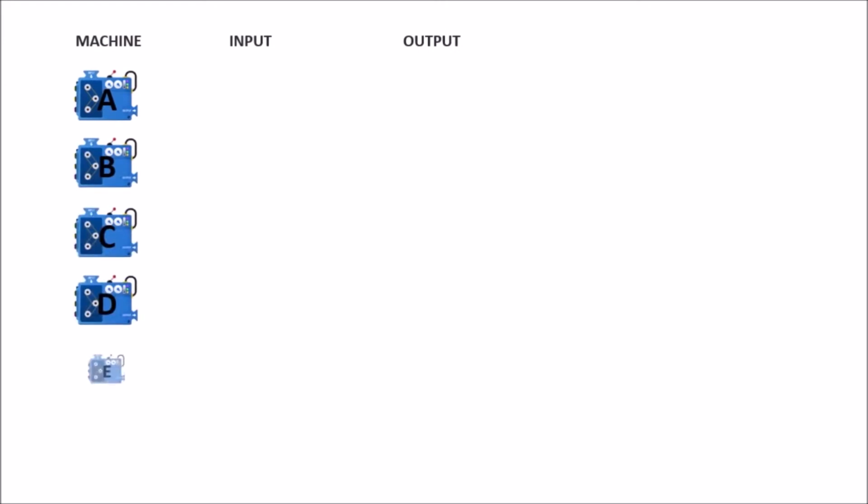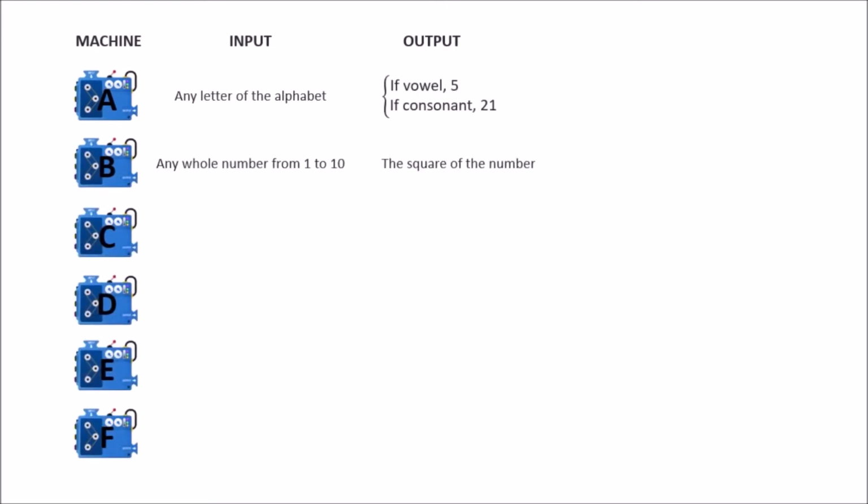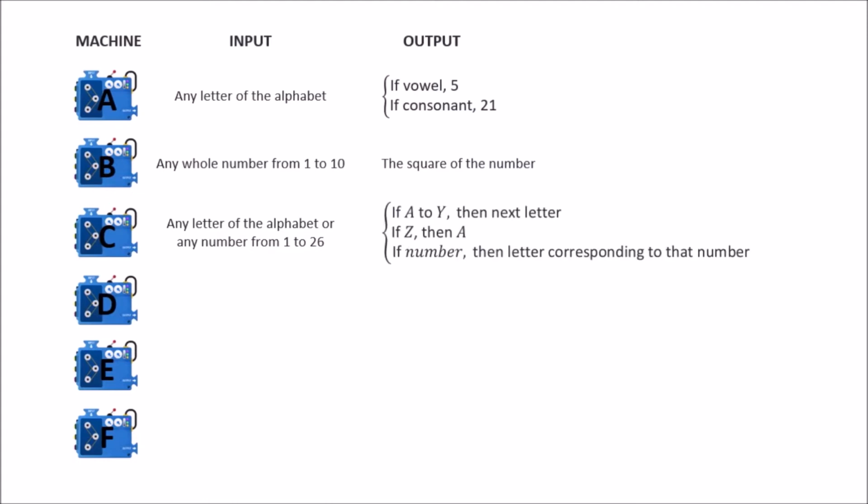Shown below are machines labeled A to F, of which machines A and B were already described in the previous examples. Machine C accepts any letter of the alphabet or any number from 1 to 26 as inputs. For its output, machine C either selects any letter from A to Y and generates the next letter, or if Z is chosen, it generates the output A. Or if a number is chosen, then the letter corresponding to that number will be its output.